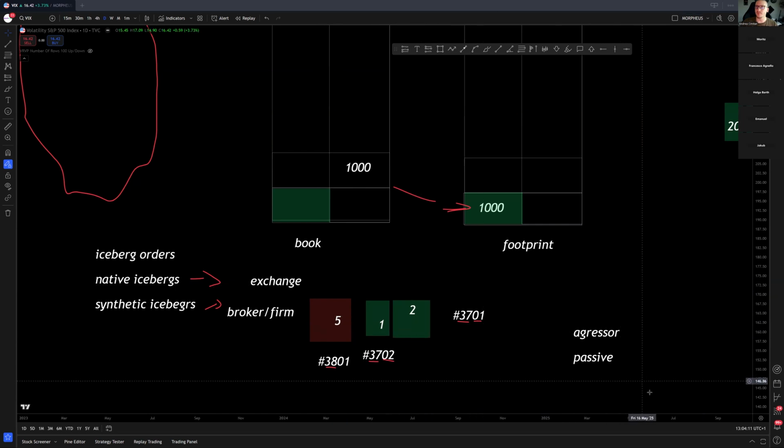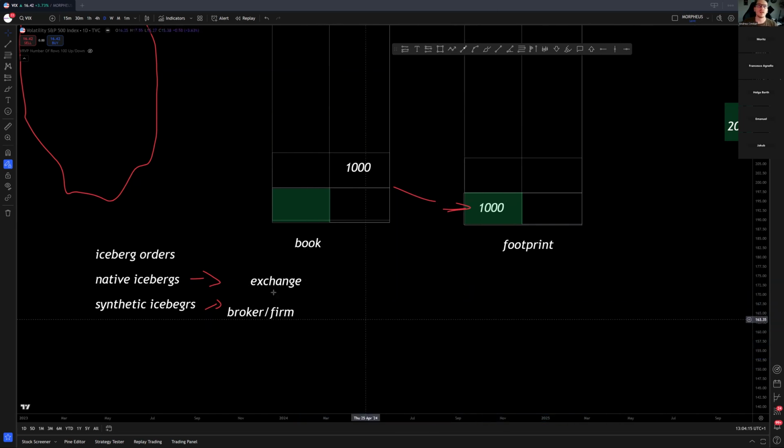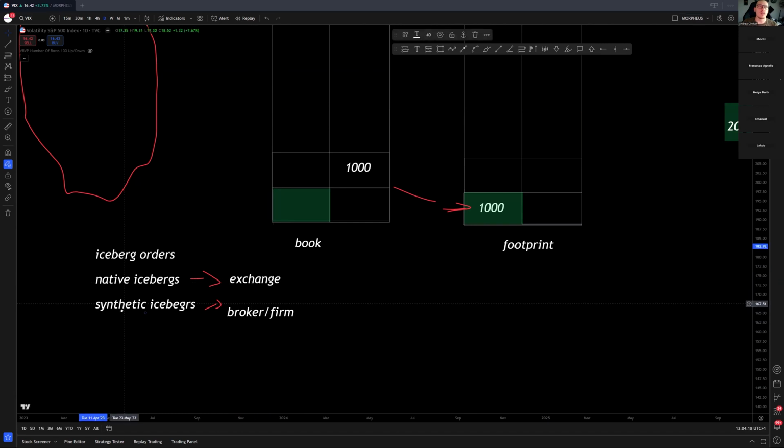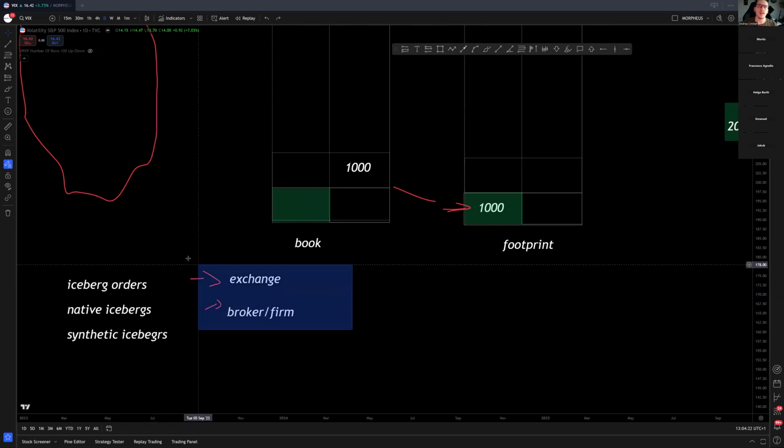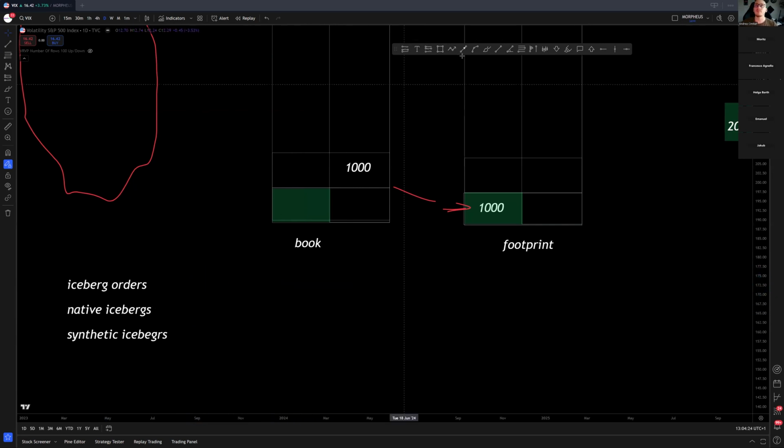So imagine you're a big market participant. Native icebergs, which are provided by the exchange, basically work like this. The iceberg, every little 20 contracts that we've seen here, which is actually 1,000, you know, there's 20, 20, 20, 20.